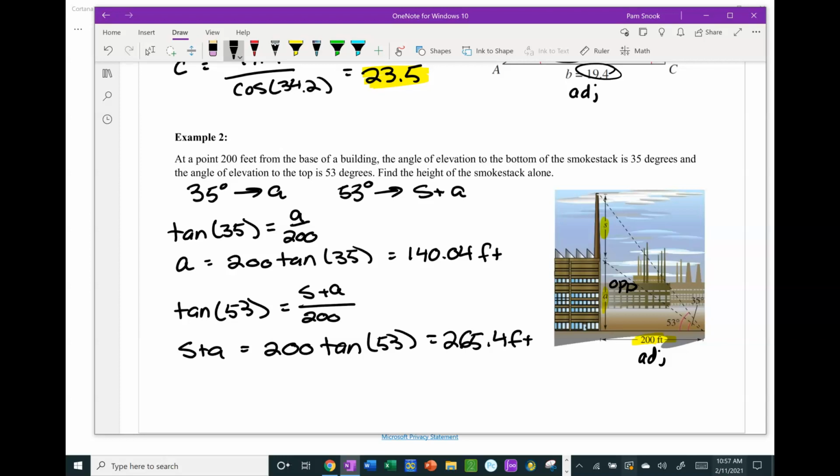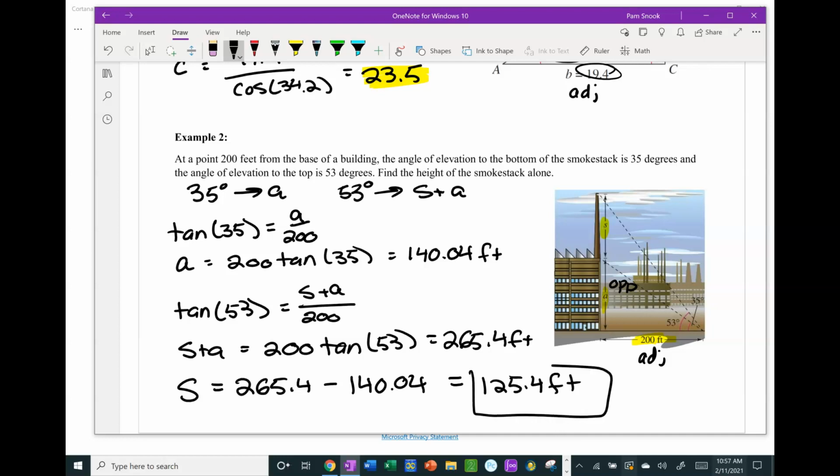So that's giving me the height from the ground all the way up to the top of that smokestack. So if all I want is the height of the smokestack, I'm going to subtract them. So S is going to be 265.4 feet minus 140.04 feet. And I get 125.4 feet. Okay.